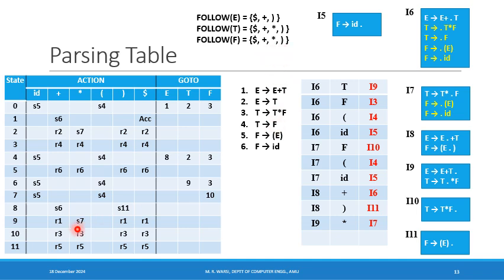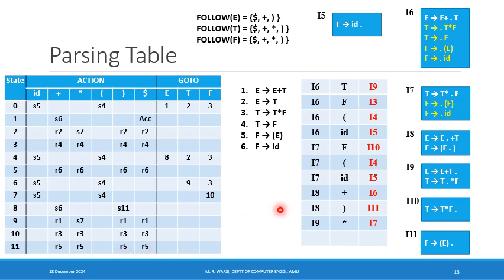So you can see here in state number 11 in the parsing table, this entry is marked as R5, and when the next symbol is right parenthesis, it is R5, and when the next symbol is dollar, it is R5.